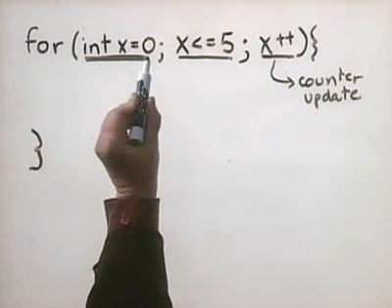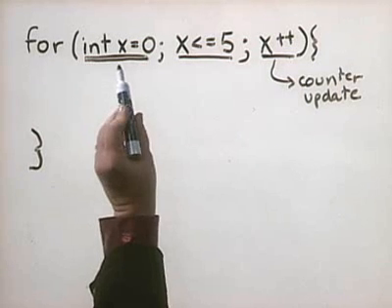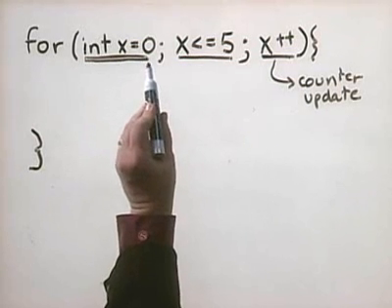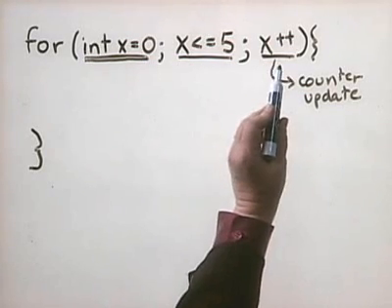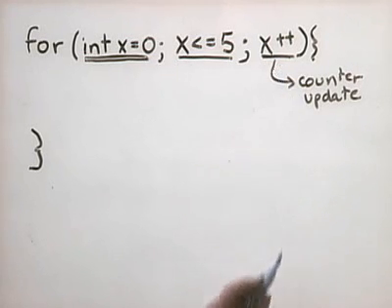So this will be where x gets initialized. X starts at 0. This is the condition that you're trying to evaluate. And this is the counter or the updater. Now keep in mind that you could actually generate an infinite loop using a for as well. Let's take a look at that.